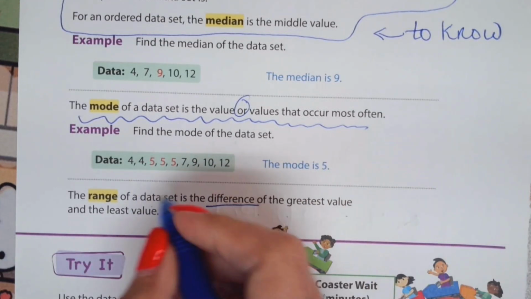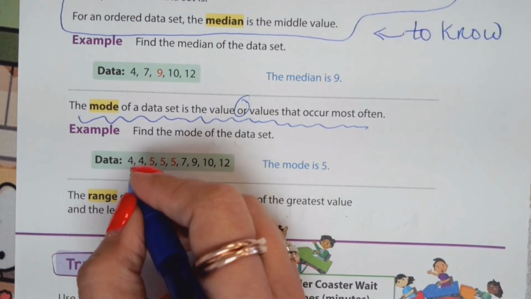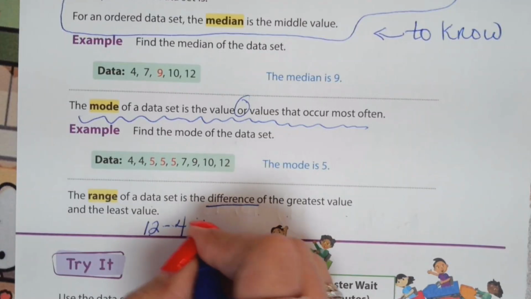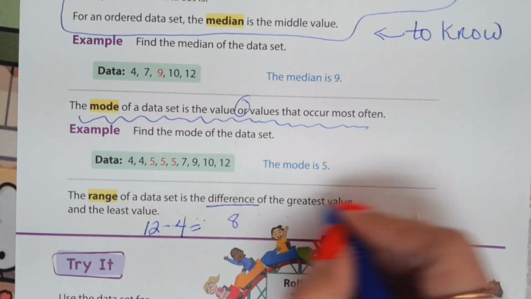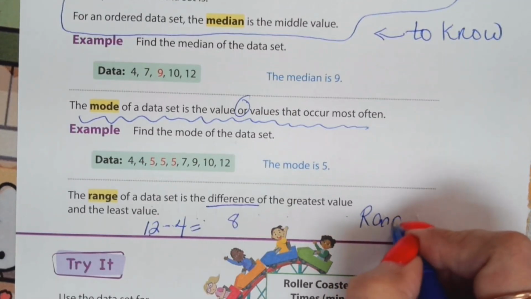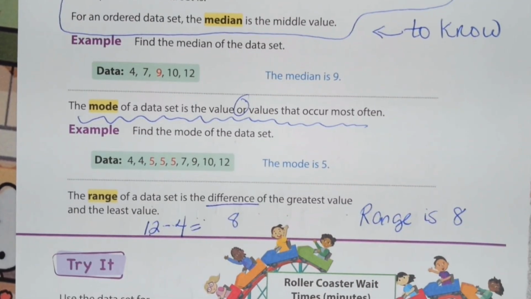So then I take 12 minus the smallest number, 4. 12 minus 4 is 8. So the range is 8.